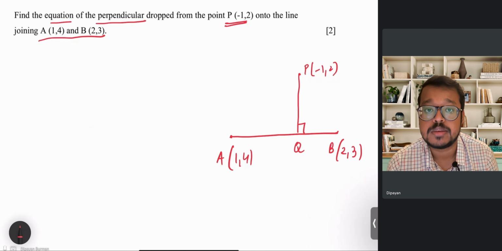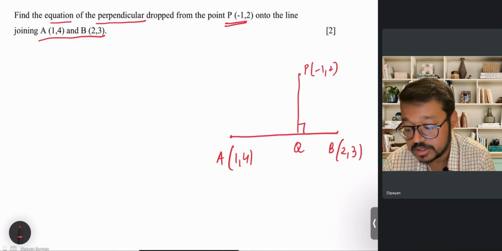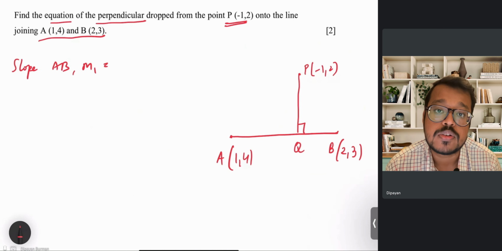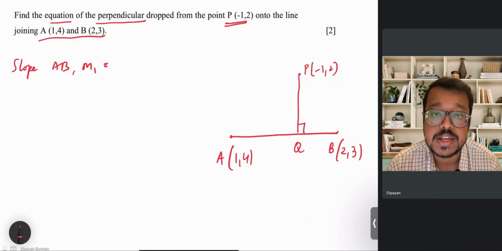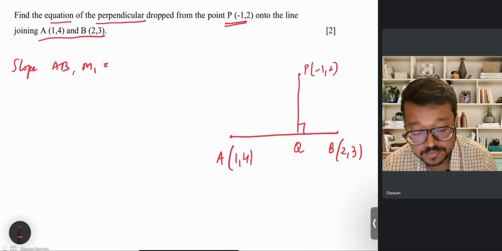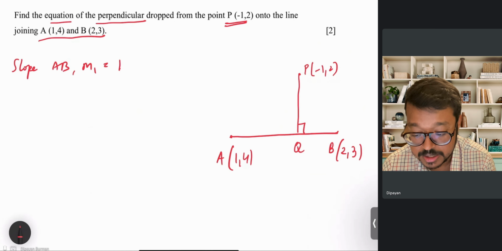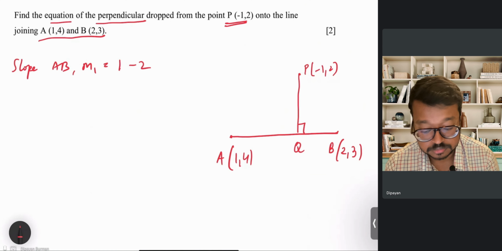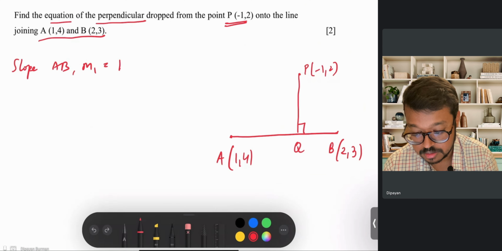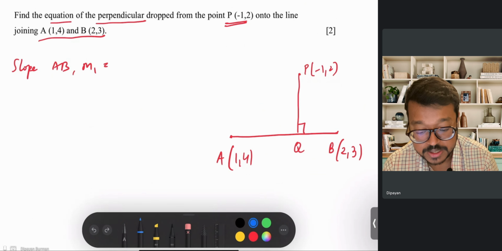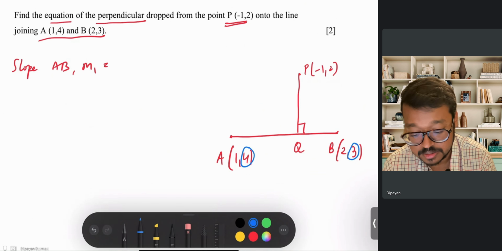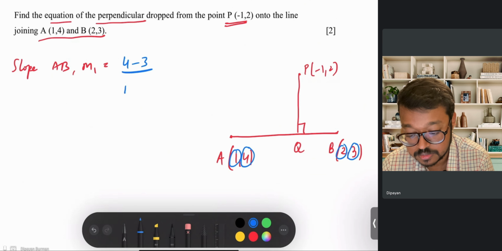So what we did previously, we first find the slope of line AB. Let's call it M1. Again, difference of y coordinates divided by difference of x coordinates. We are looking at difference of y coordinates first, which is 4 minus 3, divided by 1 minus 2.